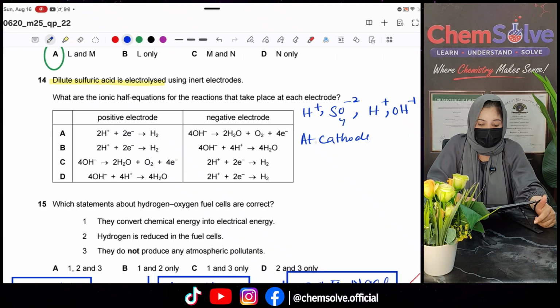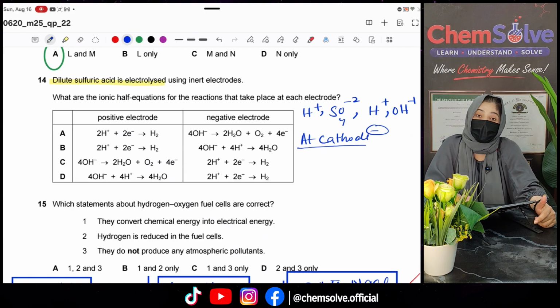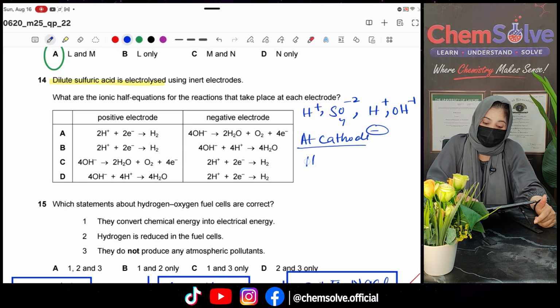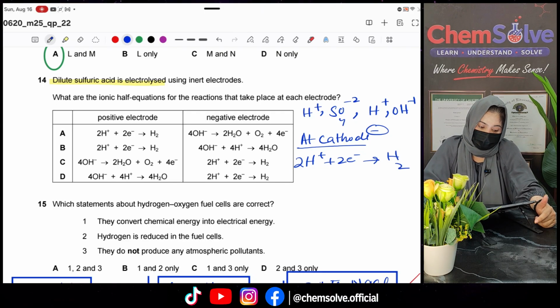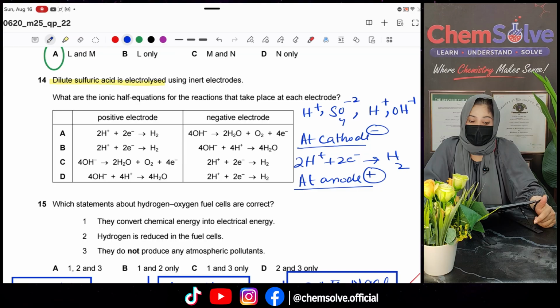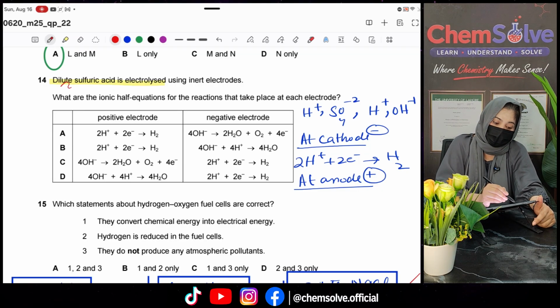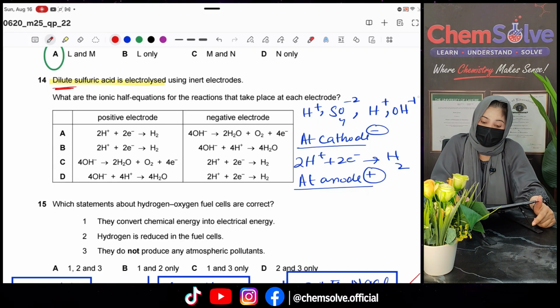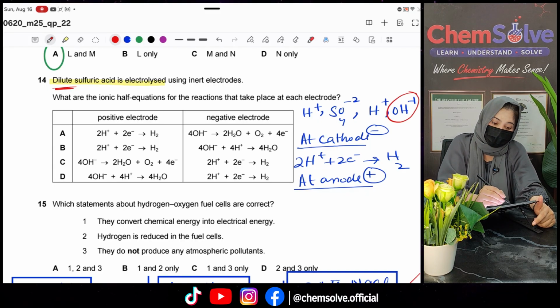So at the cathode that is negatively charged, a positive ion has to move, and the only positive ion we have is hydrogen. So it will be reduced here, and it will produce H2. While for the other one, at the anode, that is a positive electrode, it will have to attract any negative ion, and in the case of dilute electrolyte, we always use OH negative ion.